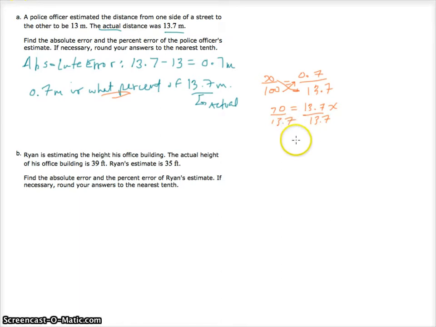I'm going to use my calculator here. And that gives me x equals 5.10 and some numbers after that. 0 cannot round the 1, so my percent error is 5.1%.